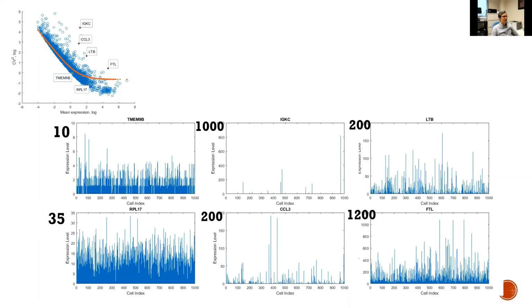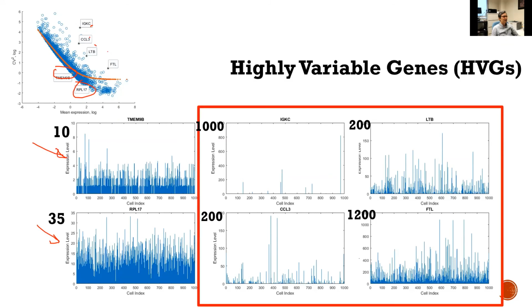So here is a comparison between these two genes, which is here and here, against the 4 genes which are highly expressed, highly variable genes on the top. You see the pattern difference. The scale for these genes is 0 to 35. This is 0 to 10.